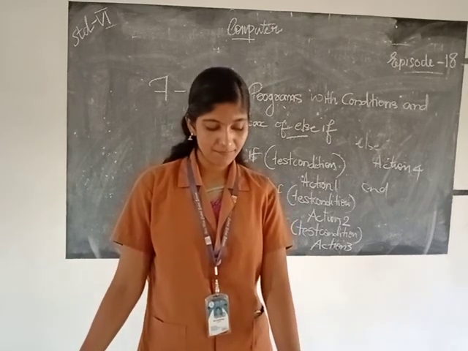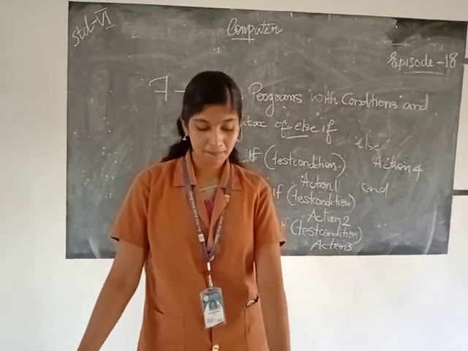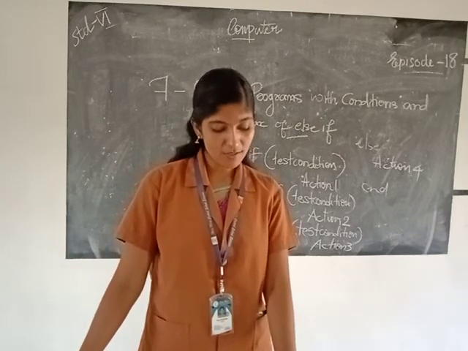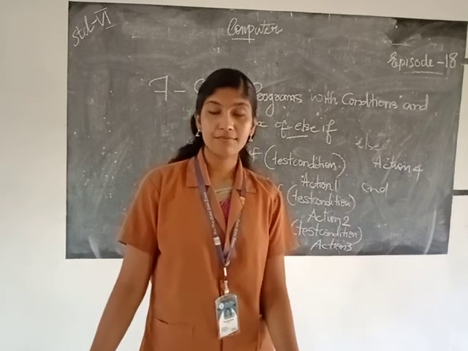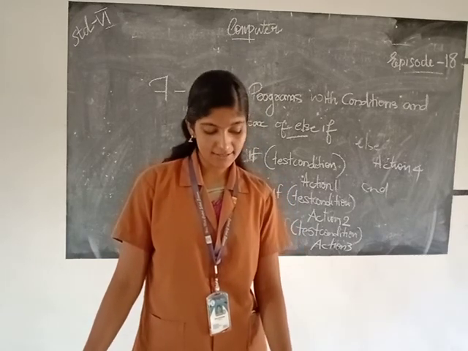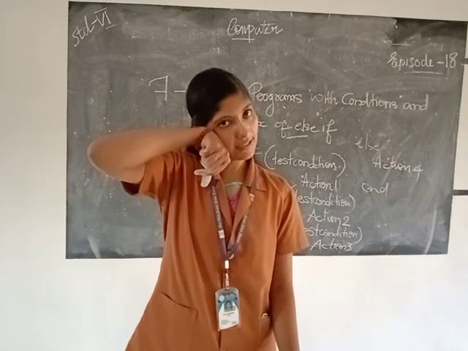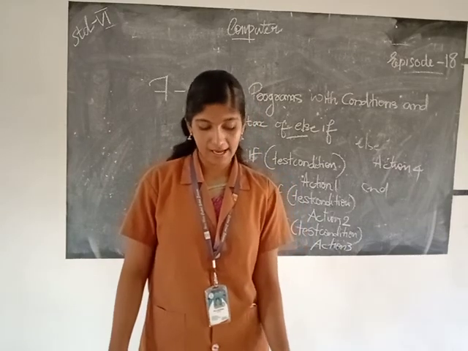So, the first condition is num equal to 1, then print 1. Then if num equal to 2, then print 2. If num equal to 3, then print 3. Otherwise print wrong number entered. So end if, then end.